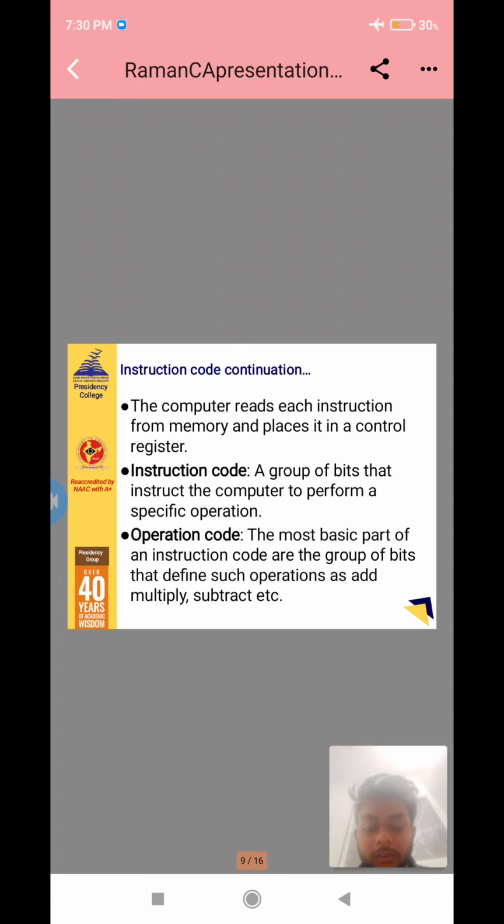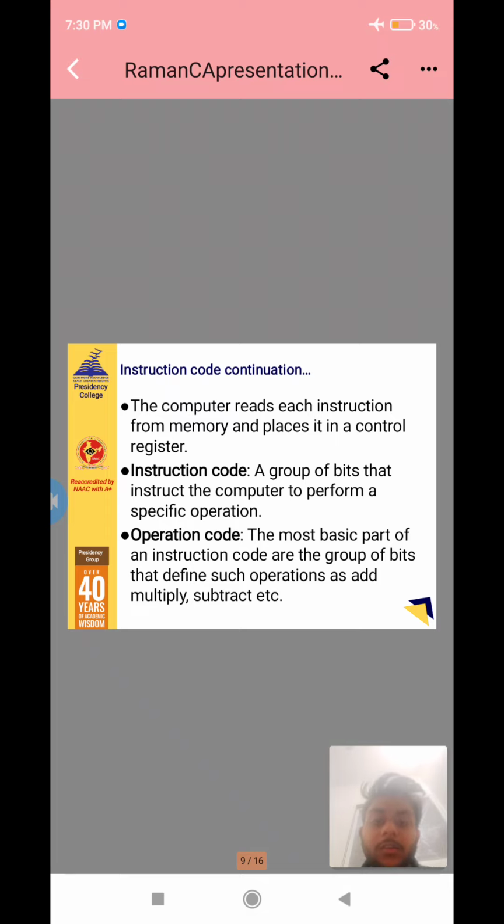Instruction code continuation. The computer reads each instruction from memory and places it in a control register. There are two types of code. Instruction code: a group of bits that instruct the computer to perform a specific operation or specific task.